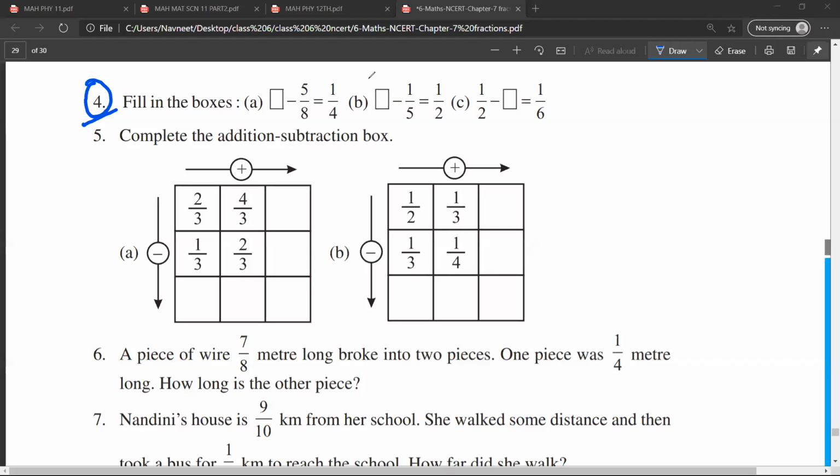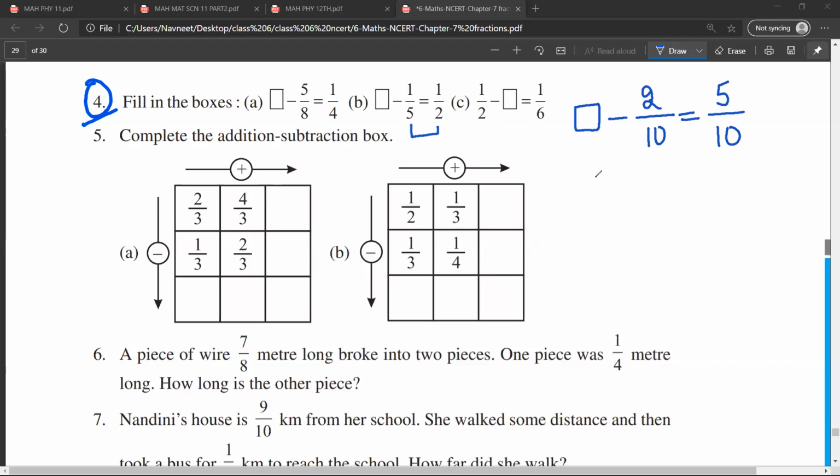Okay, Mr. Sarthak. The LCM of 5 and 2 would be 10. So I can write this as something upon 10 minus something upon 10. What should I write here? 2 by 10 and 5 by 10. Shabash.